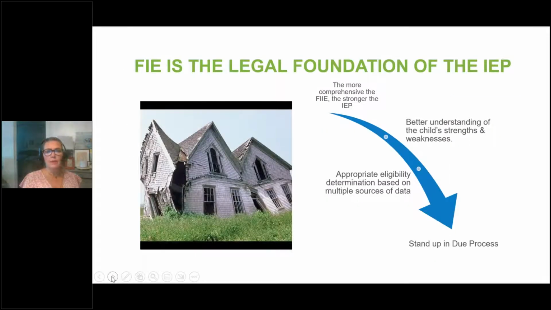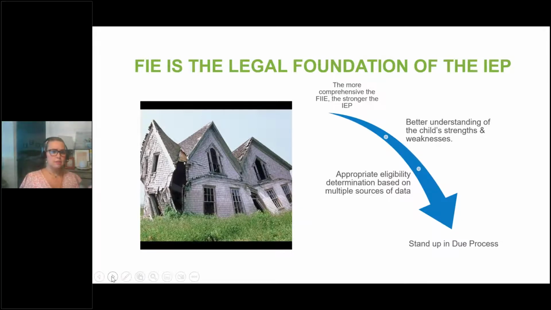So when you think about your FIE, you think about this write-up, this report that basically describes everything that you've done within the assessment process. This FIE serves as the legal foundation of the IEP, right? So we should be using this data to really guide the development of the IEP. It serves as that legal foundation. So the more comprehensive the FIE, the stronger the IEP is going to be.